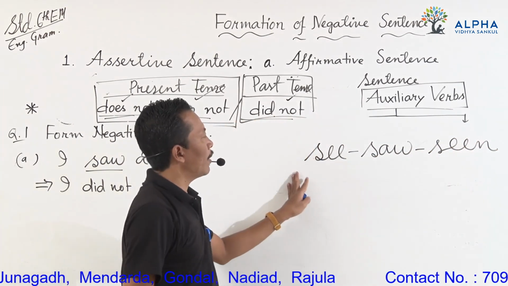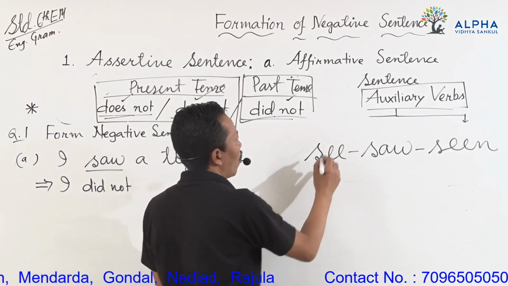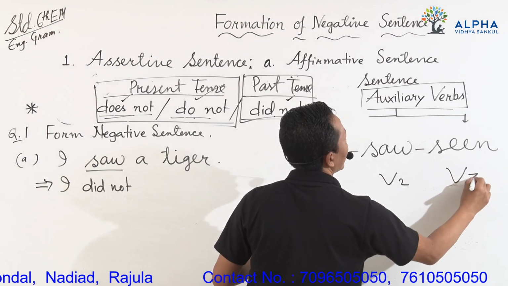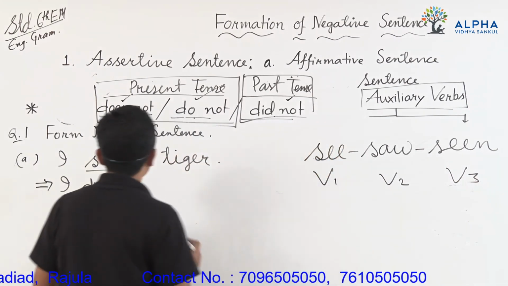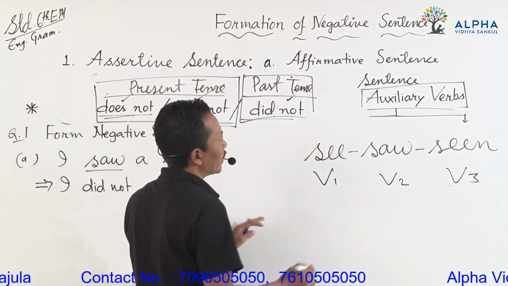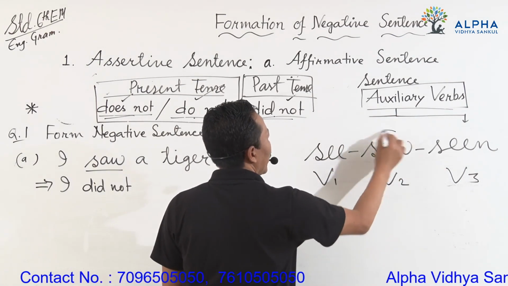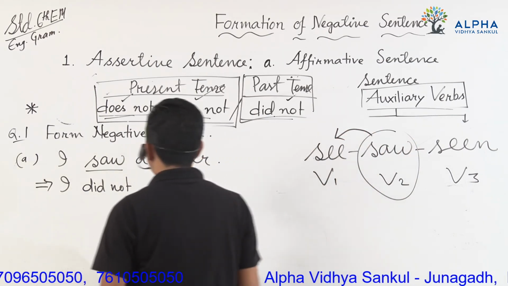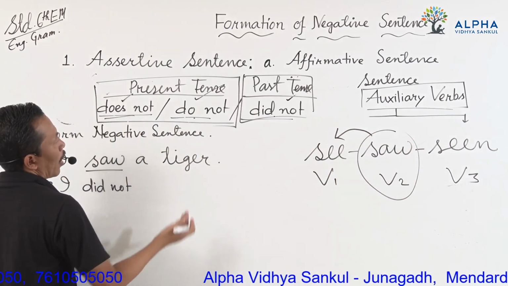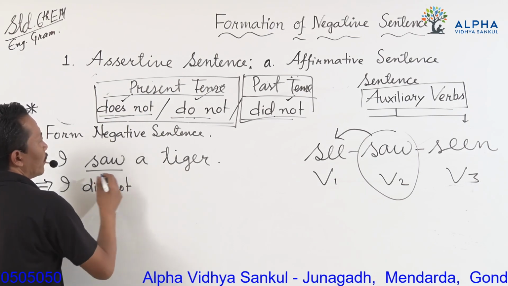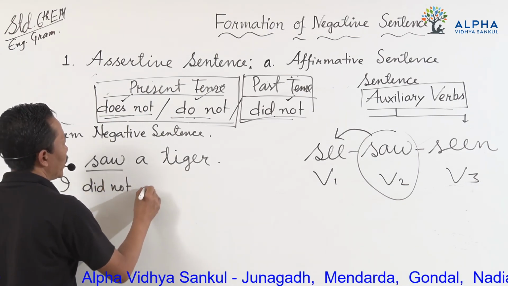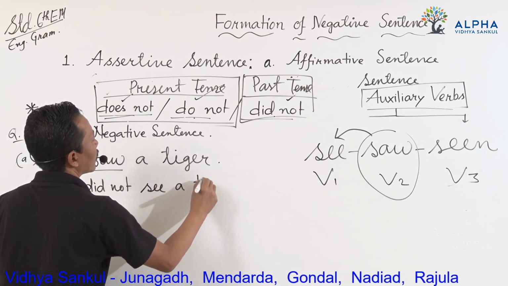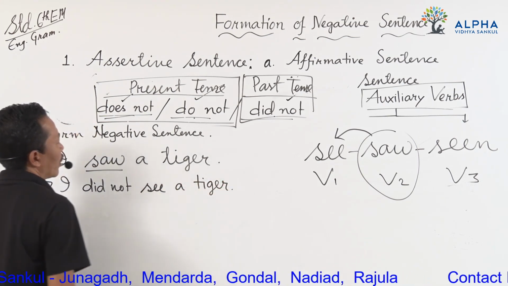These are the three verb forms, see, saw, seen. We call this V1, this V2, and this V3. You see, saw is the V2. I always told you that if we change into negative, then it returns to the V1. What is the V1 form of saw? The V1 form of saw is see. I did not see a tiger. Now your answer is ready.